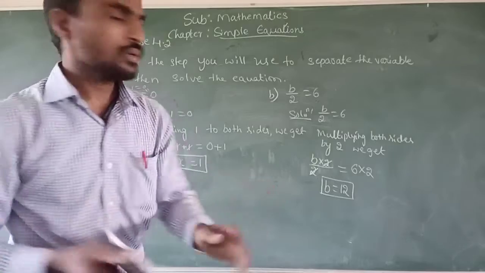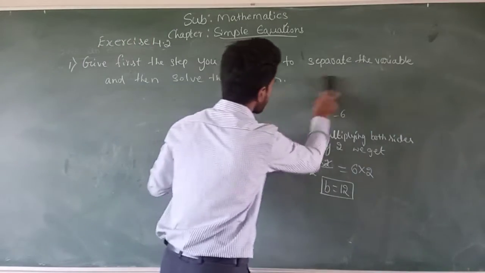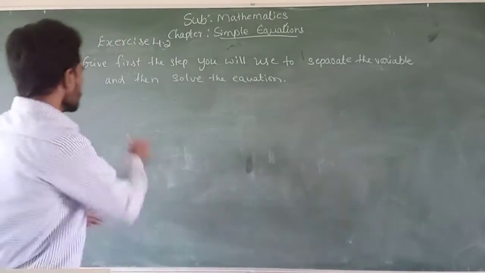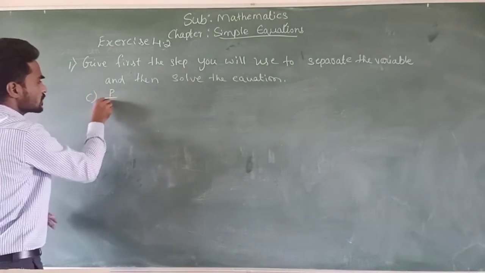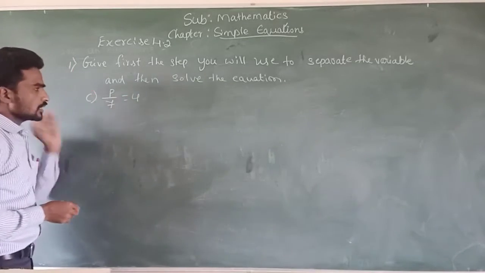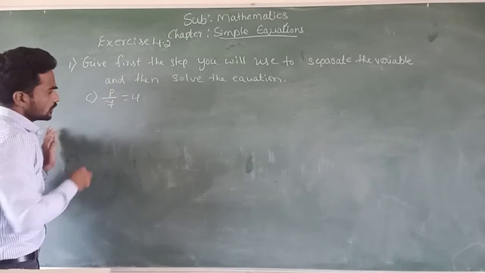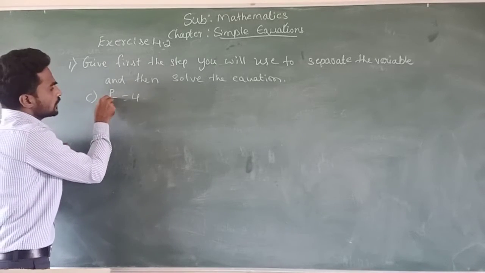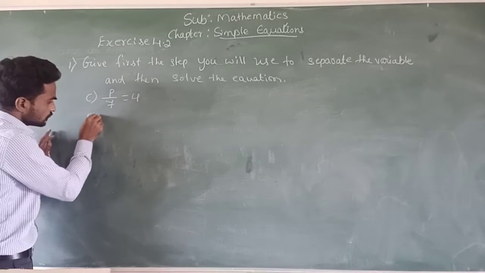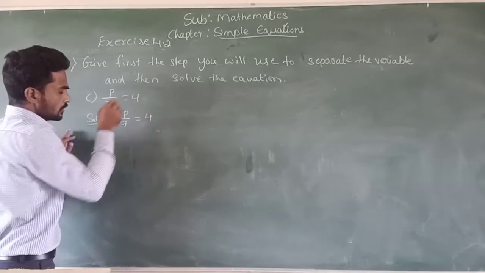Now going to solve sub question C in this exercise, that is p by 7 that is equal to 4. Here also p is variable, 7 and 4 are the constants. Here this p is divided by 7. Therefore consider the equation once again.